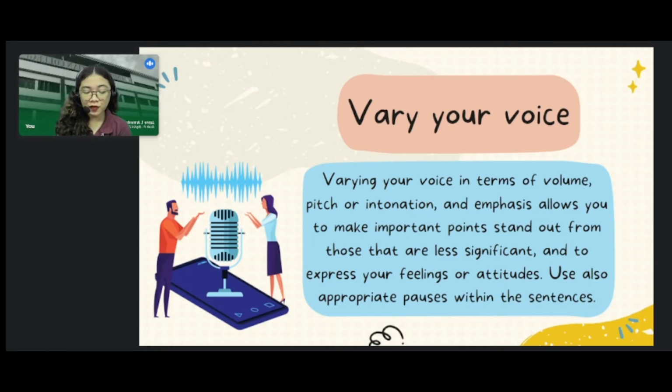Also, in varying your voice, like what I've said during our last discussion, hindi sinabing hindi natin pwedeng gamitin ng high pitch, right? But we can use high pitch tone of our voice when we need to emphasize something. Okay? When we need to put emphasis in some parts of our discussion or our speech.